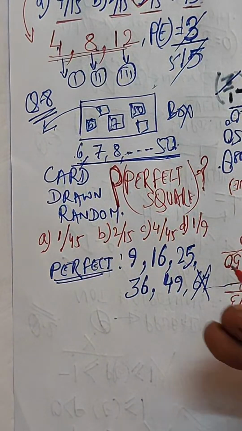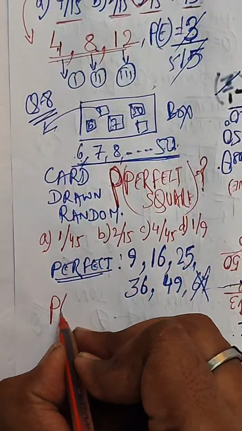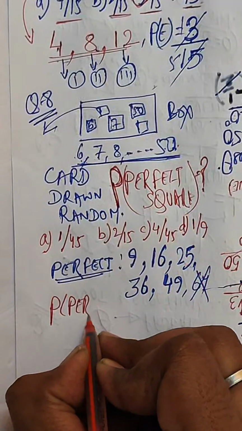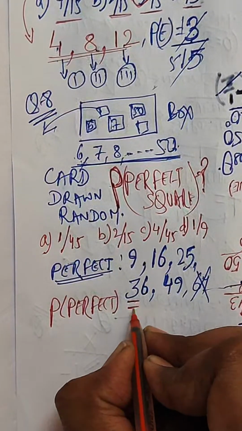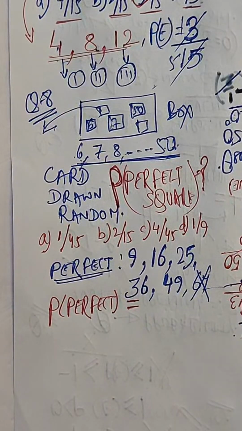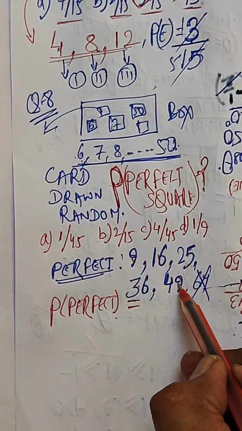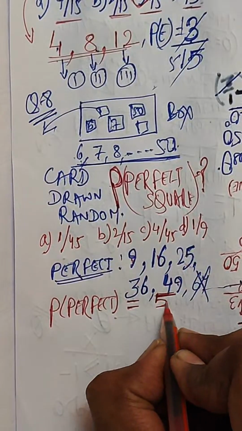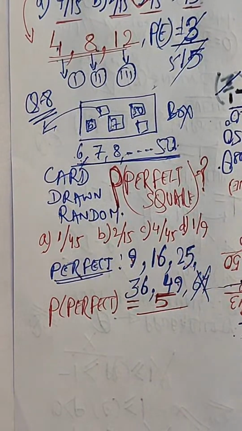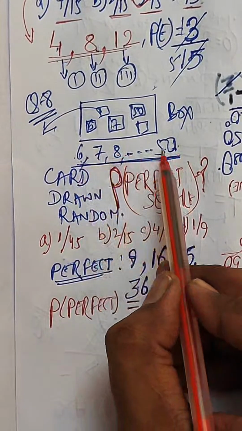So the probability of a perfect square is the number of desirable outcomes divided by total events. So what is the number of desirable outcomes? 1, 2, 3, 4, 5. So 5 will be coming into the numerator of the probability. And into the denominator, the total number of cards, 6 to 50. How many cards?